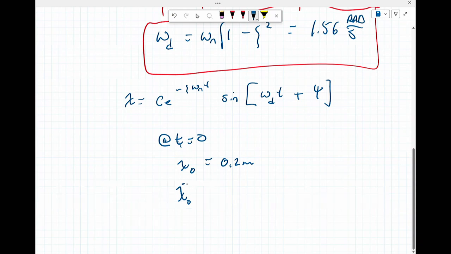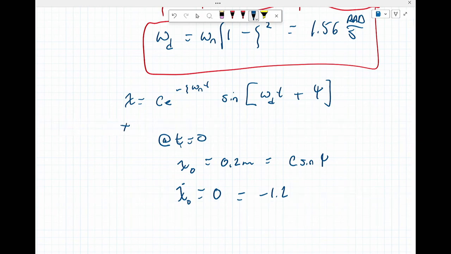X naught dot is equal to 0, which equals c sine of psi and minus 1.2.